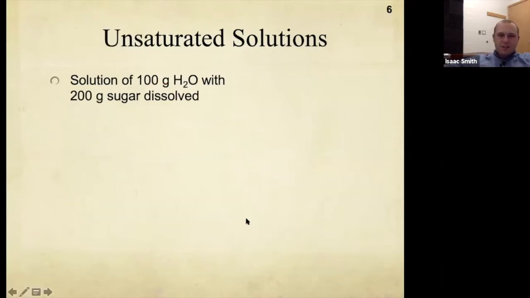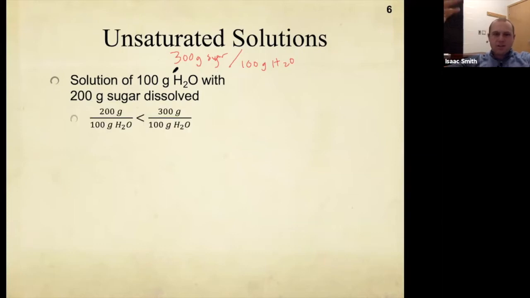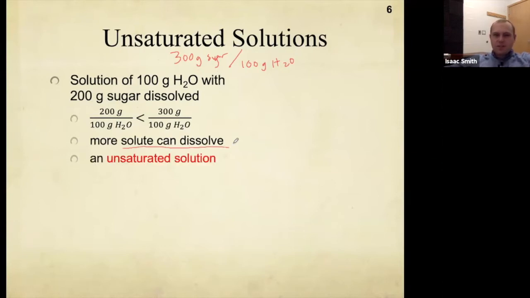Okay, unsaturated solution. So imagine we know that the solubility for sugar is 300 grams of sugar per every 100 grams of water, right? So if we only had 200 grams of sugar dissolved in 100 grams of water, that means we still have room to dissolve more sugar in the water. So this is an unsaturated solution, okay? So more solute can still dissolve in an unsaturated solution.